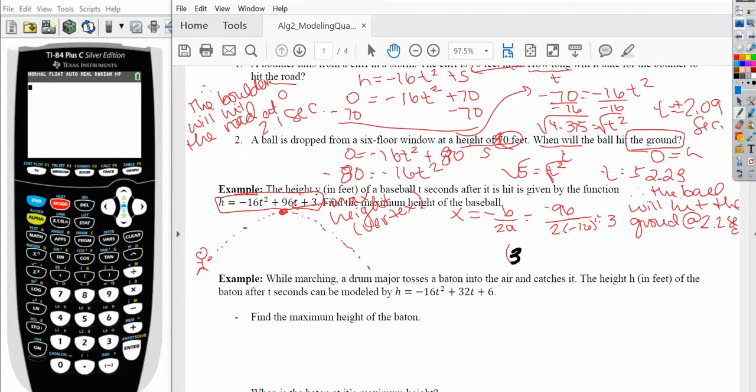So we have 3, and I'm going to plug it in. So I have negative 16 times 3 squared plus 96 times 3 plus 3. And because I'm allowed to use a calculator, I'm going to totally cheat. I'm going to type all of this in my calculator and hit enter, because you have all been excellent at doing this. So you should get 147.